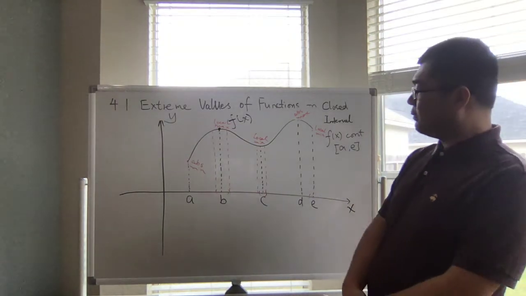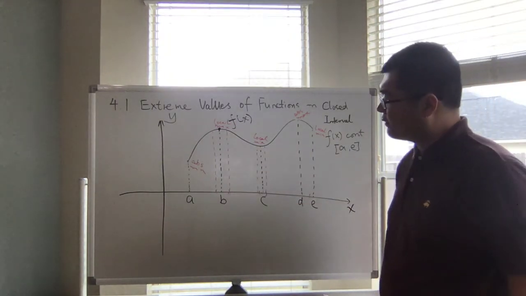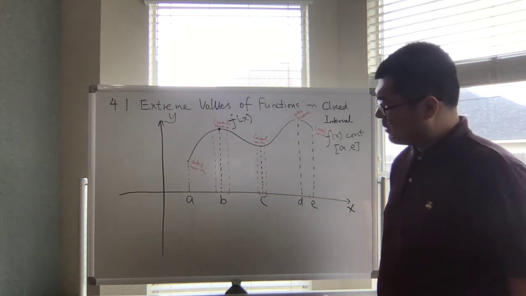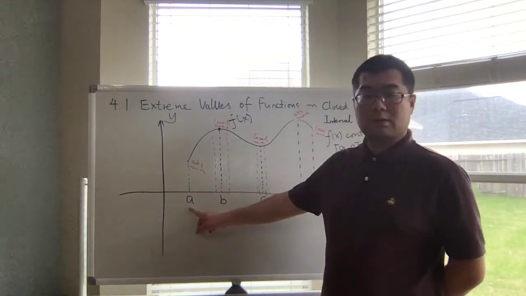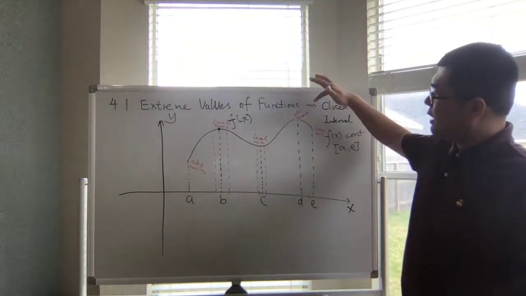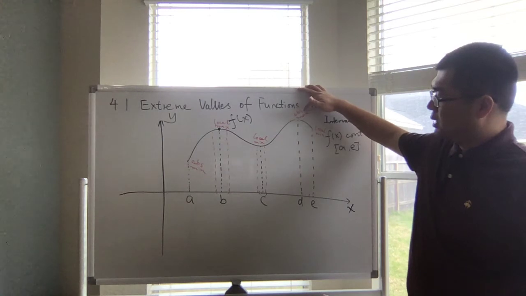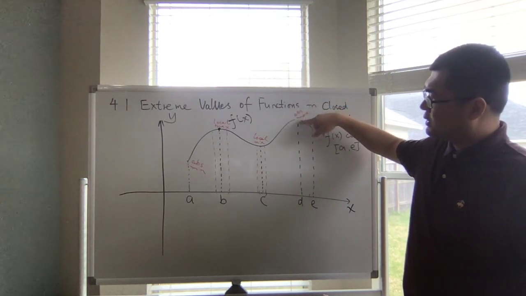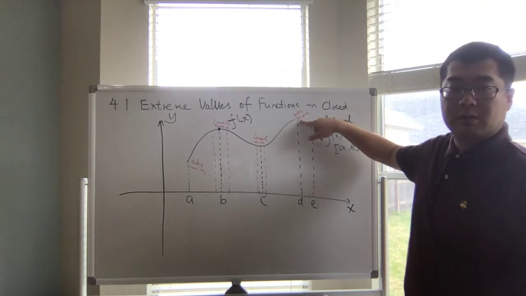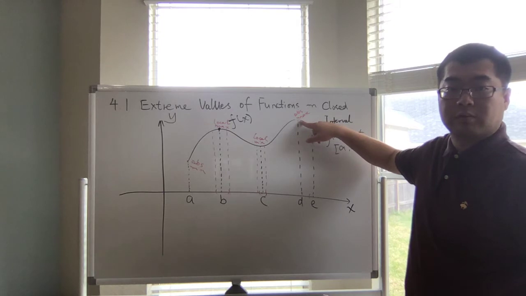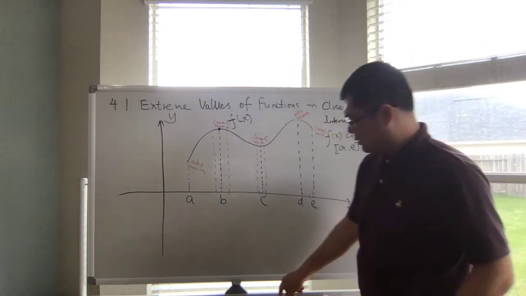Right now we have this graph. You see that the absolute minimum happens at its left endpoint in this graph. And the absolute maximum happens at one of the critical numbers. Do you realize that?